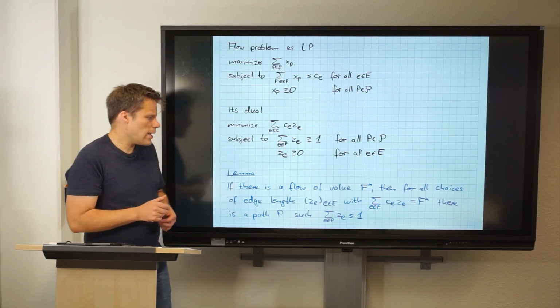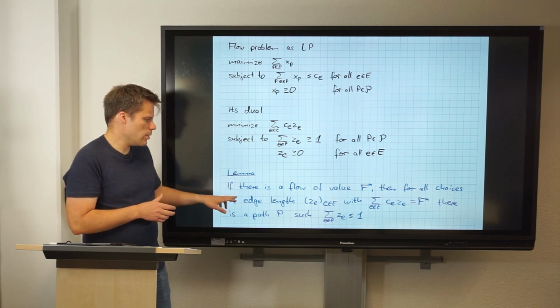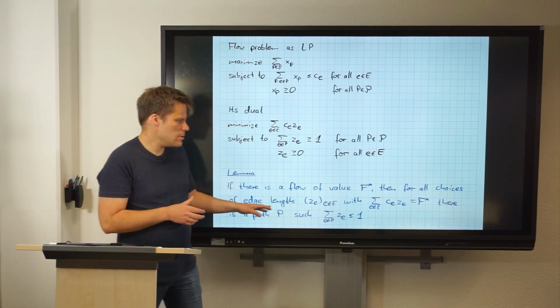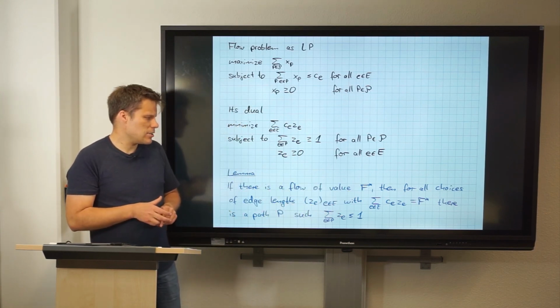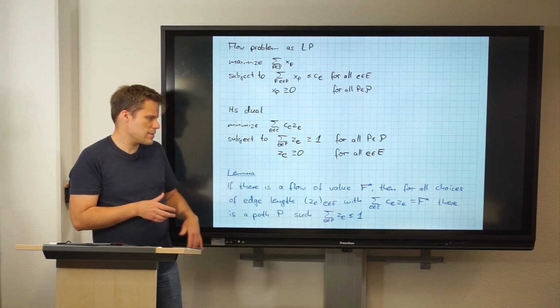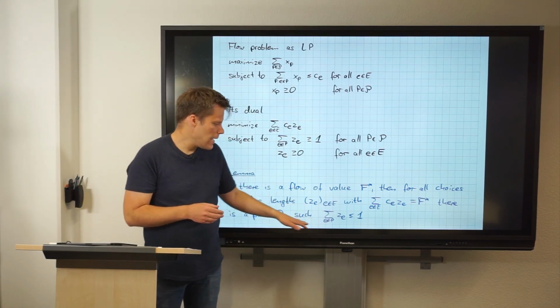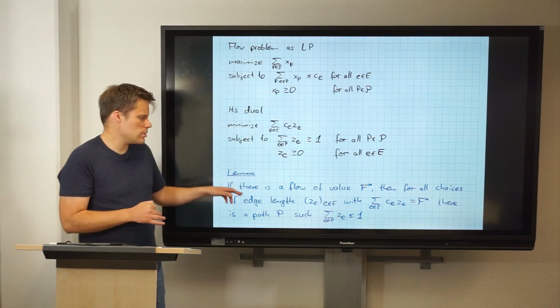Now what our algorithm actually shows is the same thing, but the other way around, namely that this is also an if and only if, because what we were able to do is that whenever there exists these edge lengths, or whenever for all choices of these edge lengths we have this property, then we are able to compute such a path.